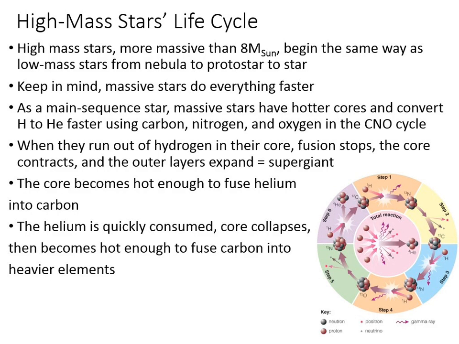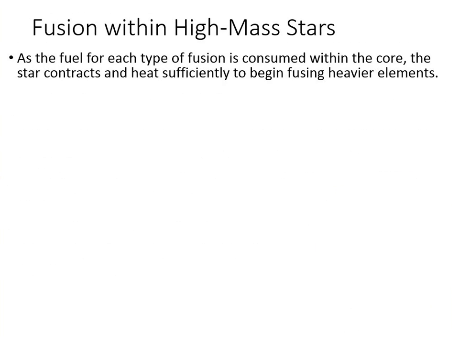So carbon will be fused into heavier elements. This carbon, nitrogen, oxygen cycle down here, I don't know how well you can see it, but we have carbon, nitrogen, and oxygen. Heavier elements, all within stars. So, like the video said, it definitely goes in stages.